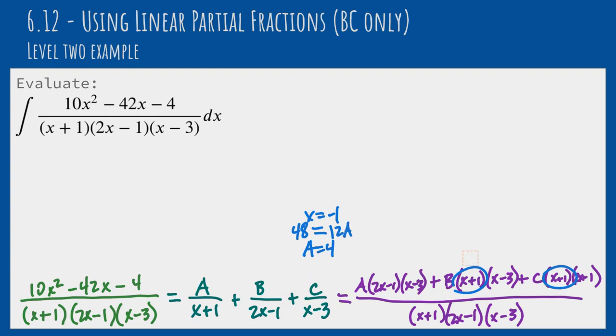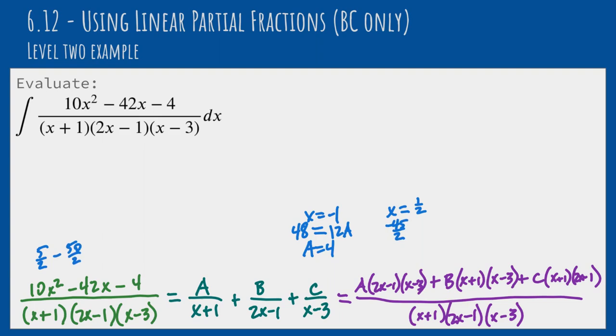All right, then I'm going to choose x equals 1/2. So if x is 1/2, it's going to require a little bit of arithmetic here: 10/4 minus 21 minus 4. So that's going to be 5/2 minus 21 minus 4. So 5/2 minus 25, or 5/2 minus 50/2, which is going to be -45/2.